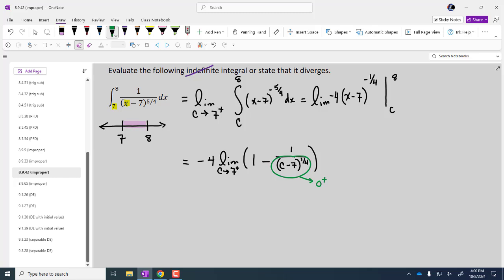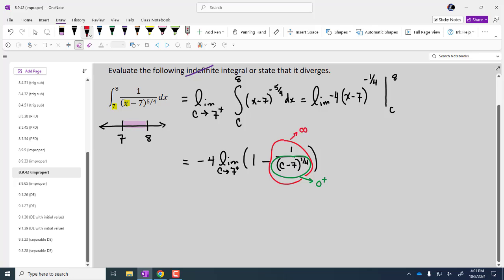So what does that mean? What is 1 over a number that's approaching 0? 1 over a number approaching 0 must go to infinity. So this part here is going to approach infinity. This whole thing here, that's approaching infinity.